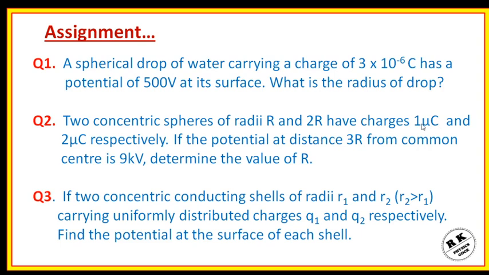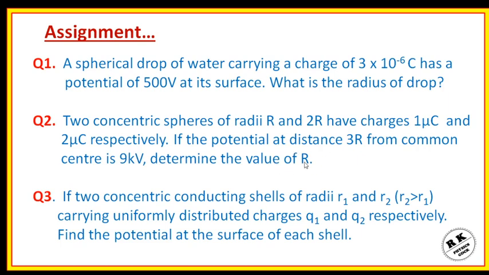They have the charges 1 microcoulomb and 2 microcoulomb. The potential at 3R is given, that means outside the spheres, for both the cases. The potential is given as 9 kilovolts and it is asked to find the value of radius R.